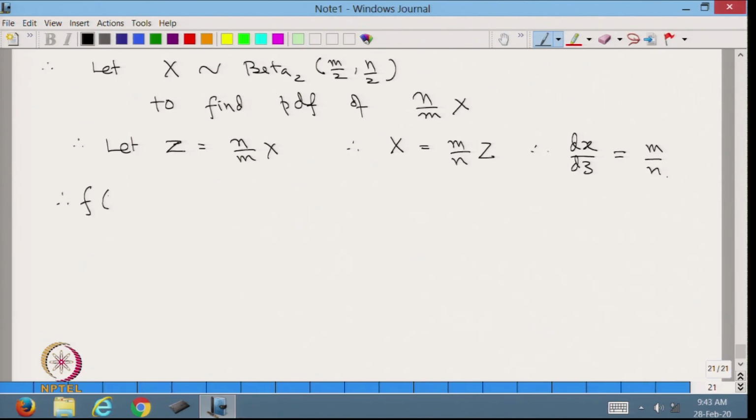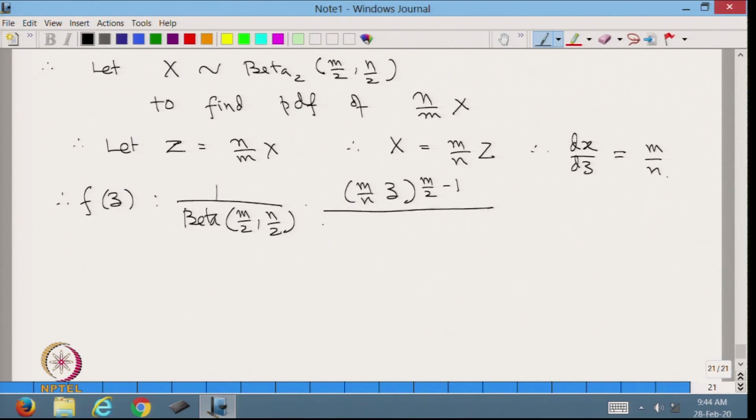Therefore, f z from the theory of single variable function is 1 upon Beta(m/2, n/2) multiplied by (m/n z) to the power m/2 minus 1 upon (1 + m/n z) to the power (m+n)/2 multiplied by m by n.